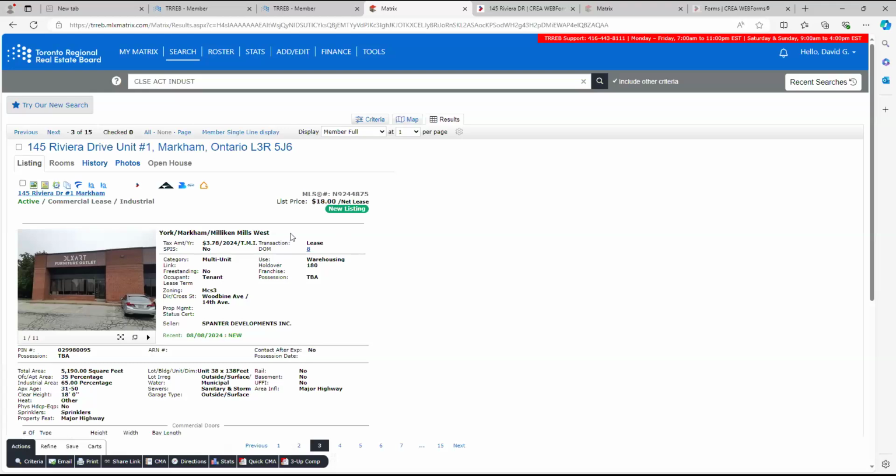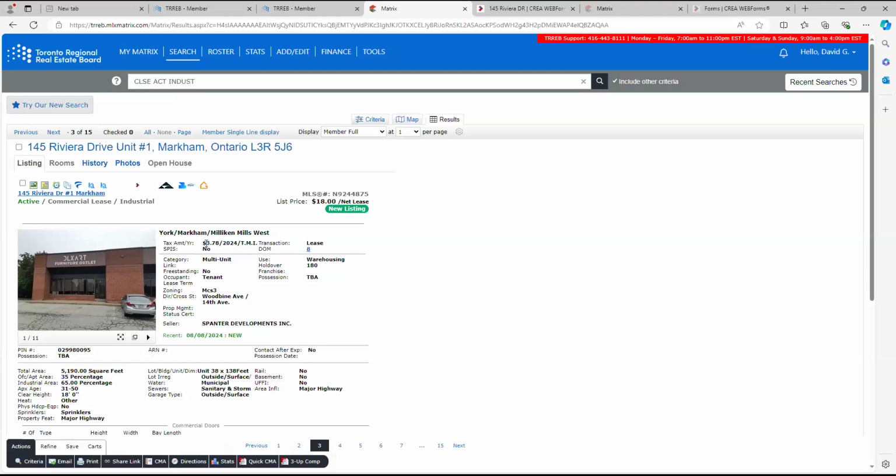Okay. The only thing, please remember, whatever you're negotiating for the lease, the rental rate, TMI is never negotiable. That means whatever they're asking, say $3.78 per square foot, you cannot say, oh, I can pay you $3 per TMI. No way. TMI, TMO, never negotiable.